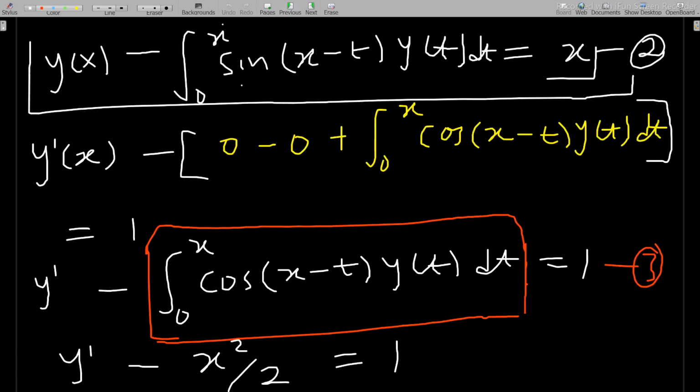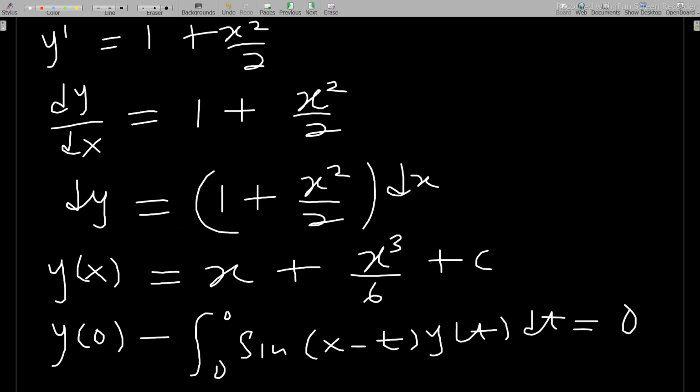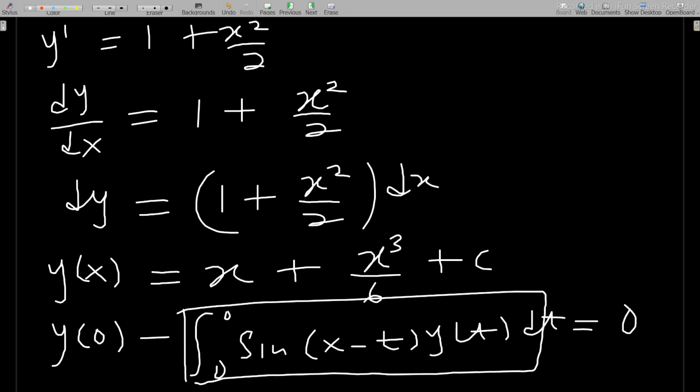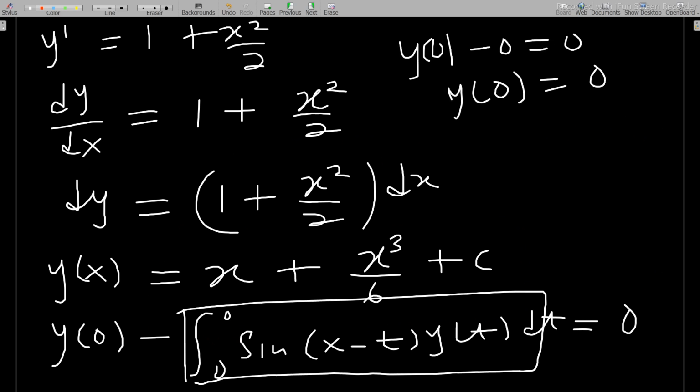Here too we have x, but we said x is equal to 0. So it equals 0. But a definite integral from one point to the same point is equal to 0, so this whole part will be 0. So I have y of 0 minus 0 equals 0. It means that y of 0 is equal to 0. We got this from equation 2.